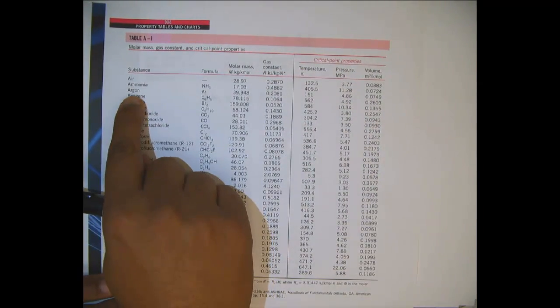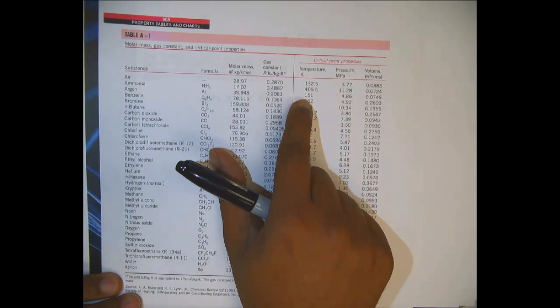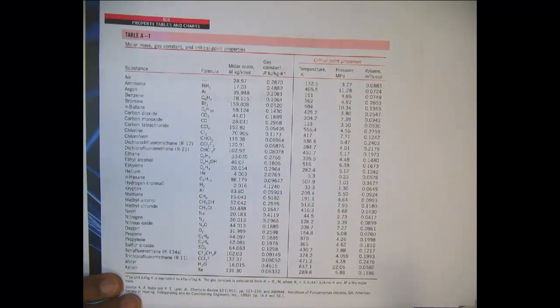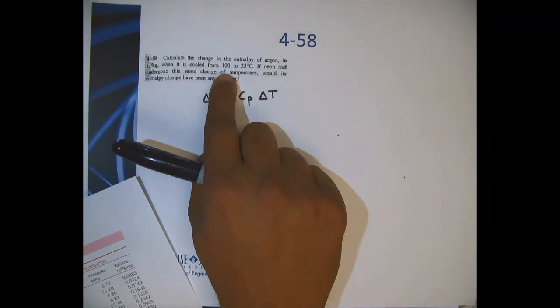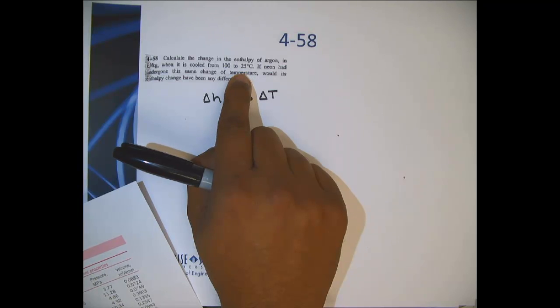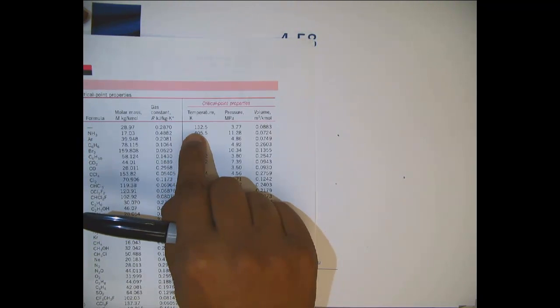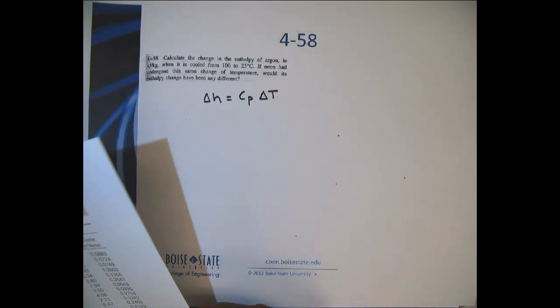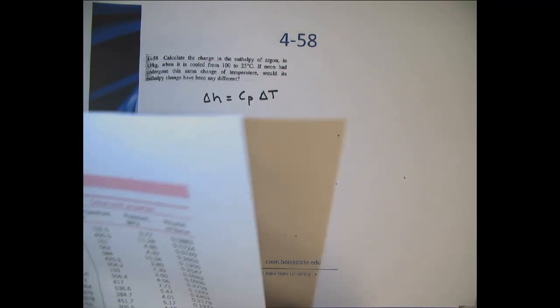Then you look up argon, for example, and you'd see that the critical temperature here is 151 Kelvin. And the temperature range we are looking at, if you convert this to Kelvin, is about 298 to 373. So we are way above the T critical. That would mean that we can consider argon as an ideal gas at this condition.